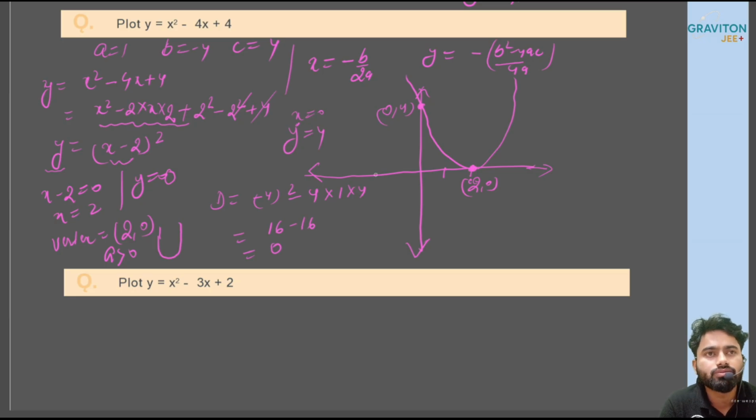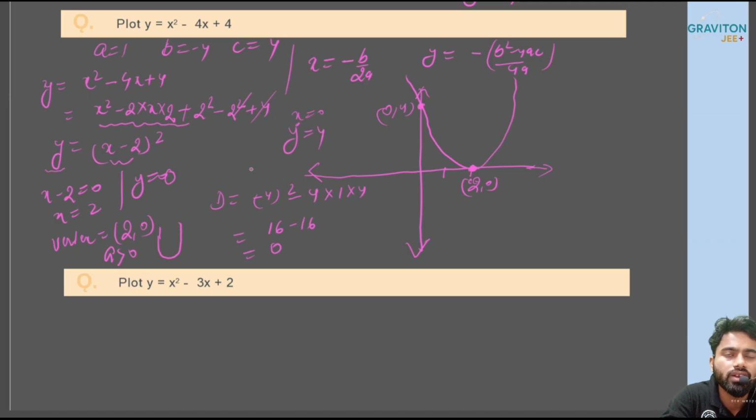If you want to know where it cuts the x-axis, then solve for x putting y equal to 0, because if you want to know where this parabola is cutting the x-axis, like where its root is exactly lying, you have to put y equal to 0 and then solve for x.